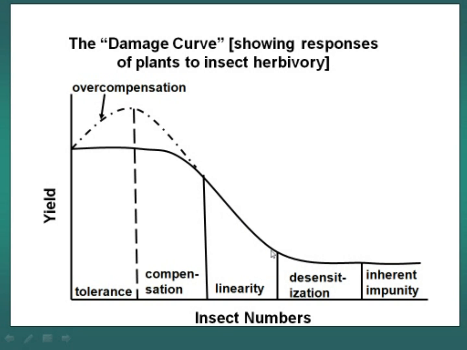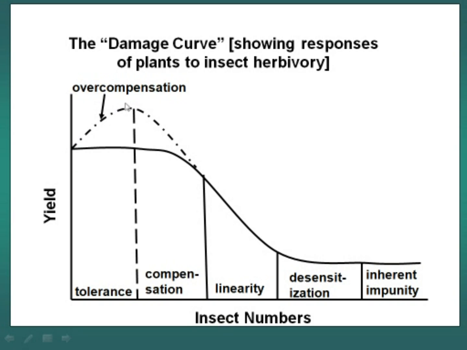And this is the linear point on the curve where there's a decline in yield with increasing insect numbers. Later on, there is a desensitization and an impunity response by crop plants where even increasing insect numbers further doesn't cause yield to go right down to zero, but it doesn't increase linearly any longer.